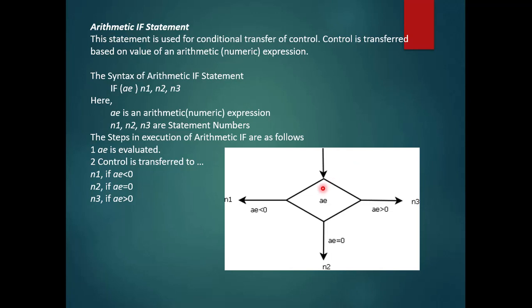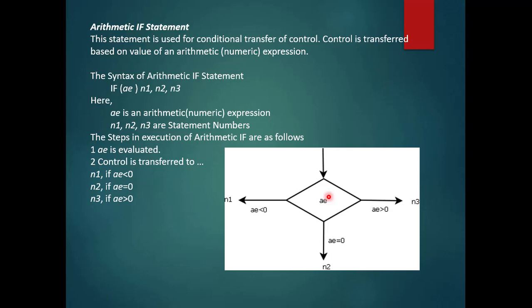This is the diamond box, basically, that is used for the conditions. Any kind of condition is there, so that is called a condition box here. And these are the arrows to go either upward, left, or to the right or in the downward direction.